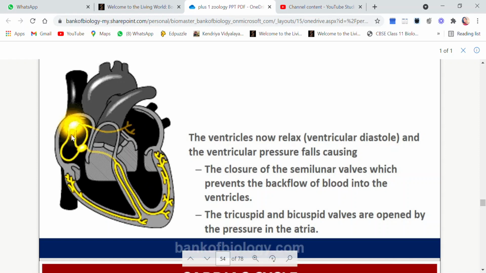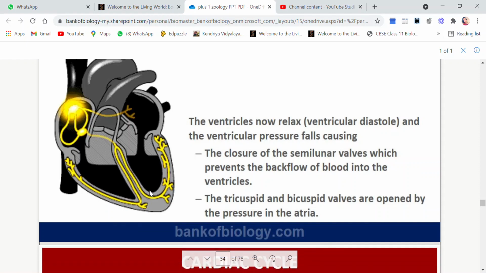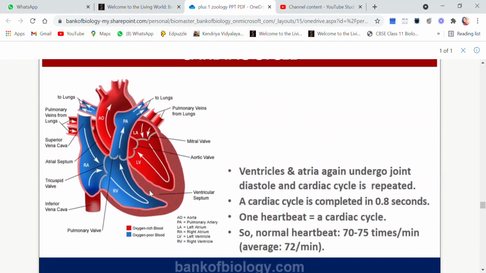So due to the pressure, these valves will open and the semilunar valves are closed. So children, ventricles and atria again undergo joint diastole. Again we have reached the same point from where we started. Now both of them are relaxing and both the valves are open.